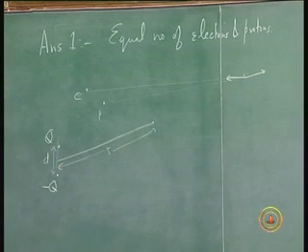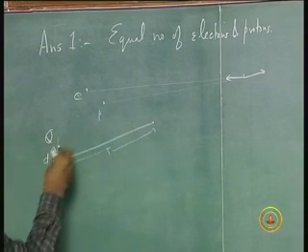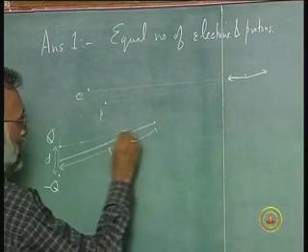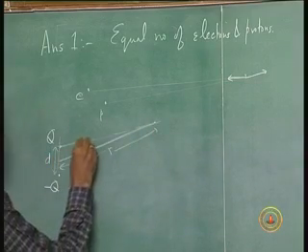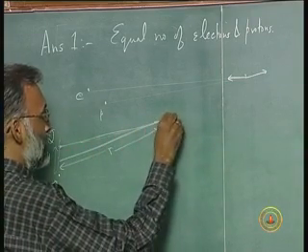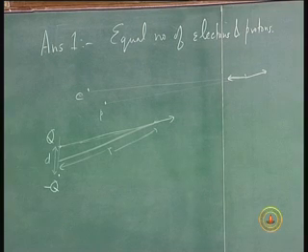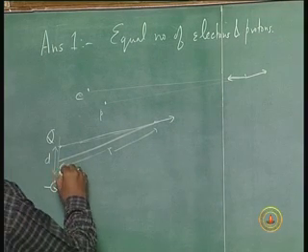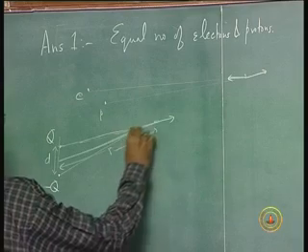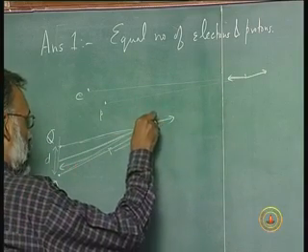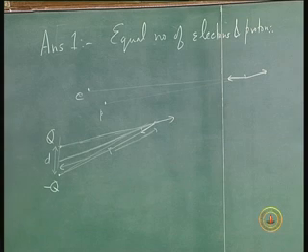Now, if you look at this, you can construct what the forces will be. You will draw a straight line to this point, and the force will be away from q. We will draw another straight line connecting minus q to this point, and the force will be towards minus q.